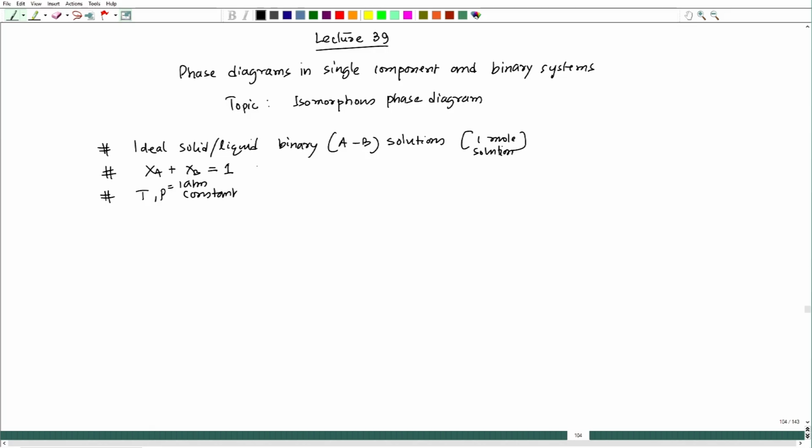Another piece of information is that TMA, the melting point of A, is less than TMB. We have done this for 4 temperatures: T1 which is less than TMA, T3 which is greater than TMB, and we will be doing one more temperature, T2, which is in between TMA and TMB.